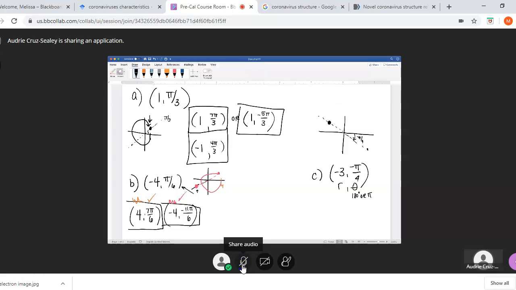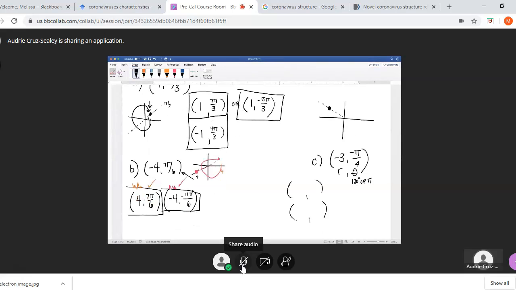Okay, so now we're here. I'm erasing where we're not. We're here. So now what I'm asking you to do is find me 2 more points. One with a positive radius, one with a negative radius that would land you in the same location as this point. Does anybody have any ideas?